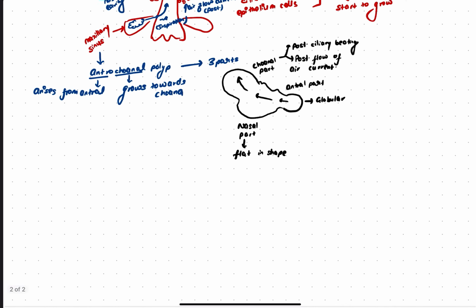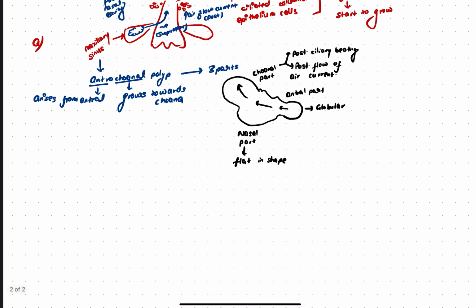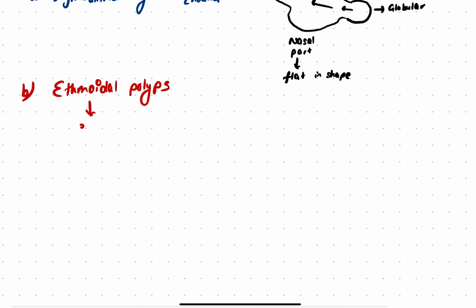And this is our maxillary sinus polyp, and now next we will be talking about the ethmoidal polyp. Any masses which grow in the ethmoidal sinuses will give rise to an ethmoidal polyp.